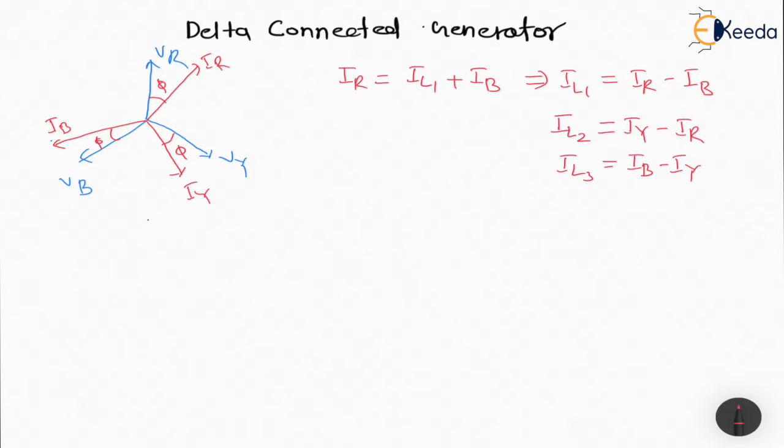So IL1 is equal to IR minus IB. I am going to draw the first one, that is IL1.